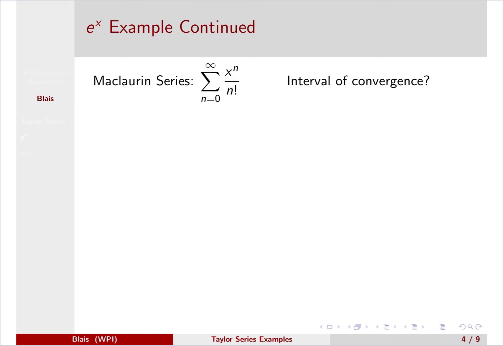Well, what's its interval of convergence? Well, we can check that, just like any power series, with the ratio or the root test. Let's take a look at what happens if we use the ratio test. Recall, the ratio test is the limit, as n goes to infinity, of the absolute value of the n plus first term divided by the nth term.